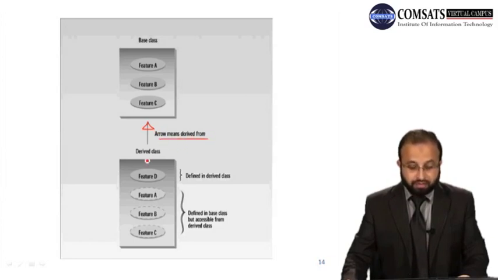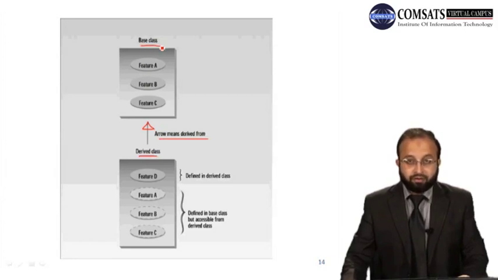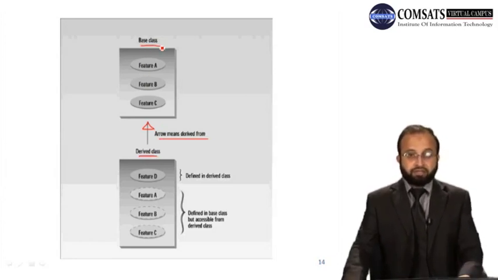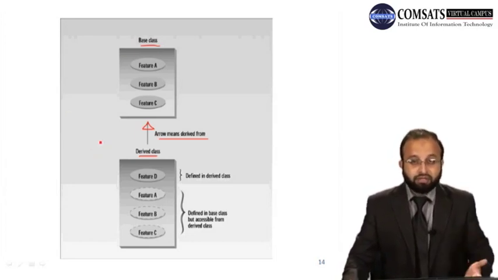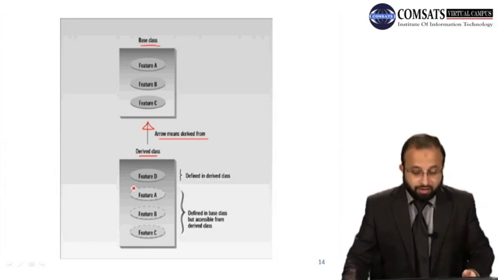So the derived class is basically derived from the base class. Now if we have such a thing in C++, this means that this class is derived from the base class. This means that the derived class can have access to all the attributes of the base class plus its own features.